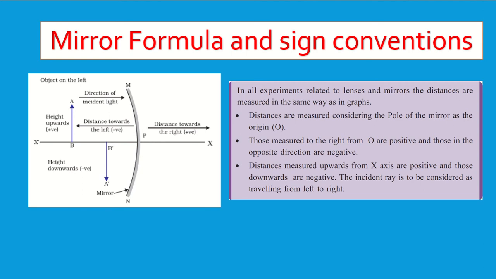We have to put particular signs for object distance, image distance, and even the height of the image and height of the object. Listen, this is very important. Only if you know the sign conventions will you be able to solve the problems in optics. There is an advantage too: the same sign convention applies to mirrors and lenses, so it's going to be really easy for you.